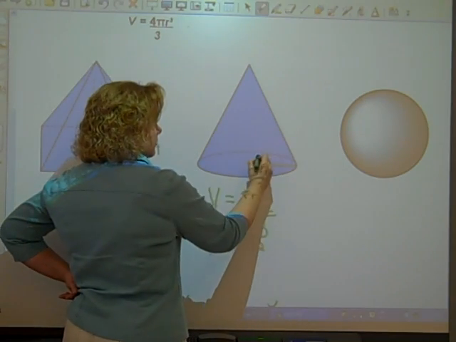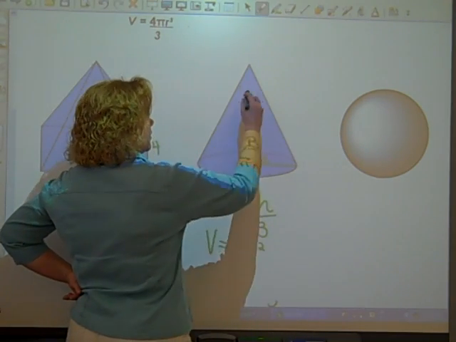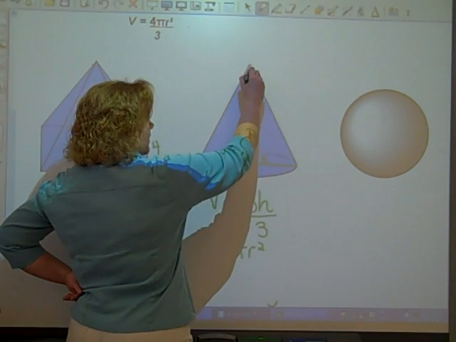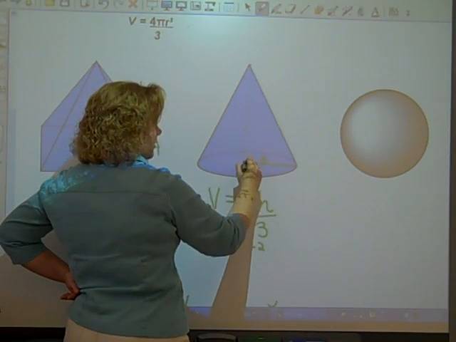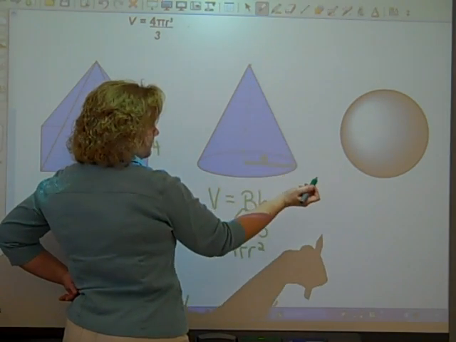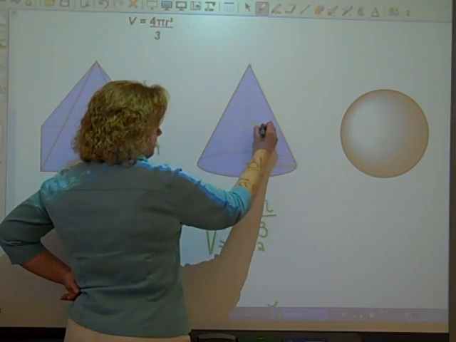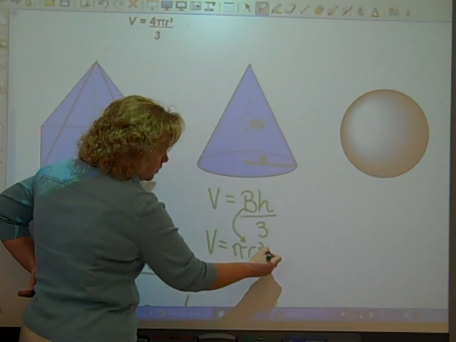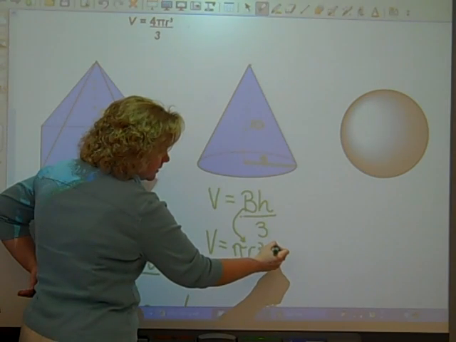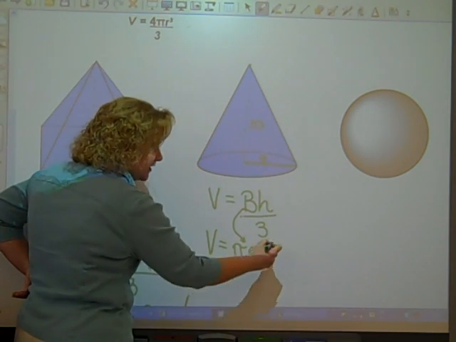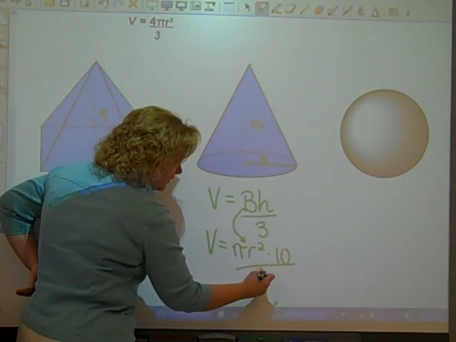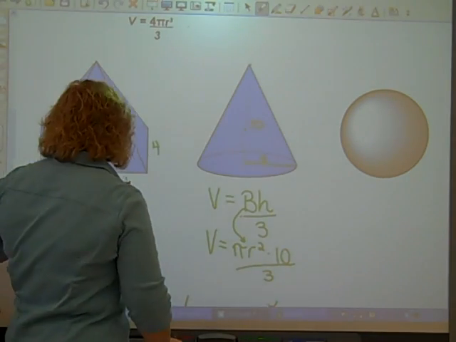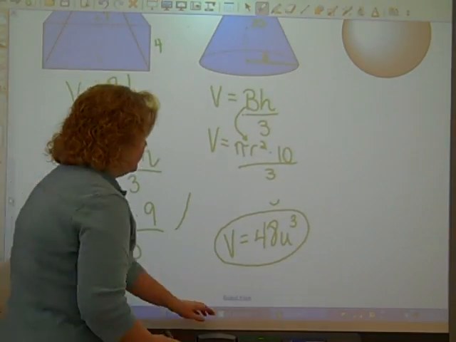Let's make up some numbers. 5. And then I need the height. So height is 10. Now, times the height, which is 10, divided by 3. And then you're just solving at this point.